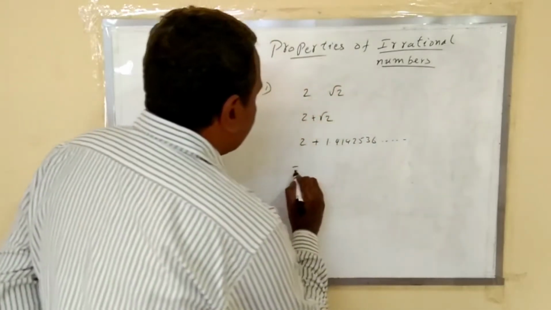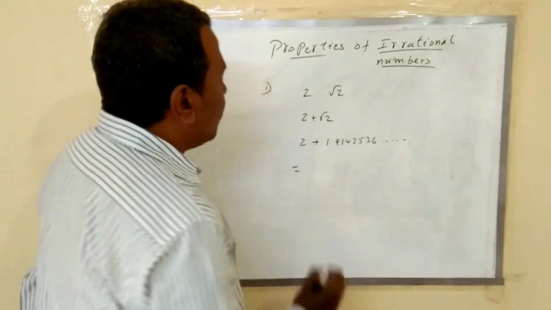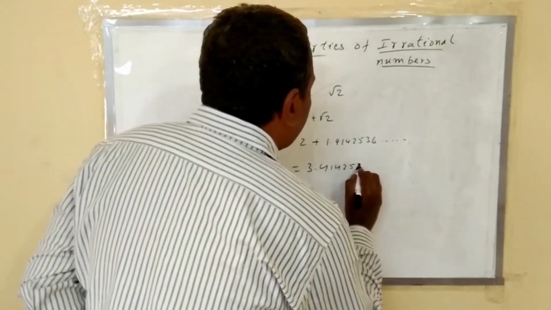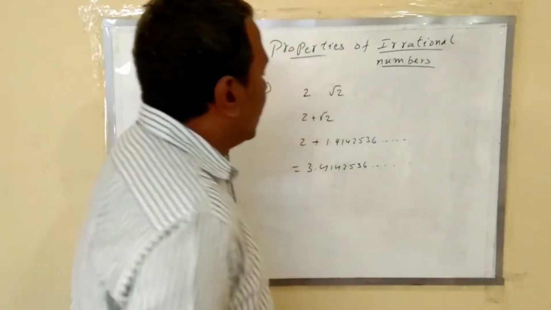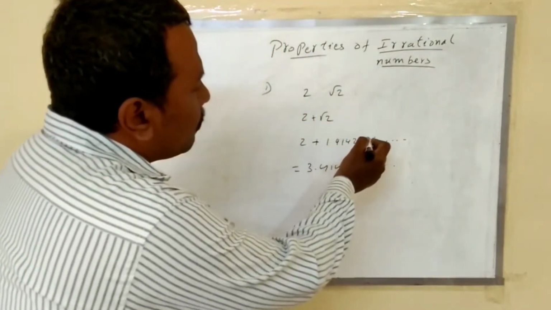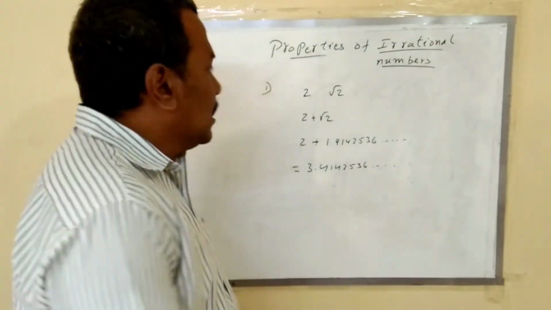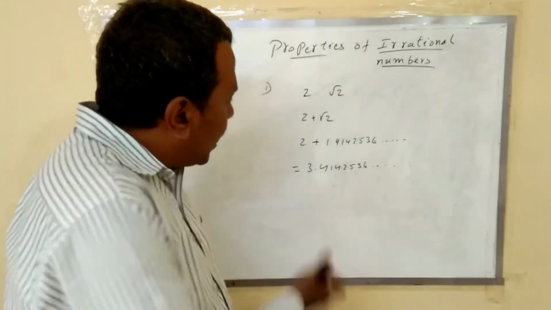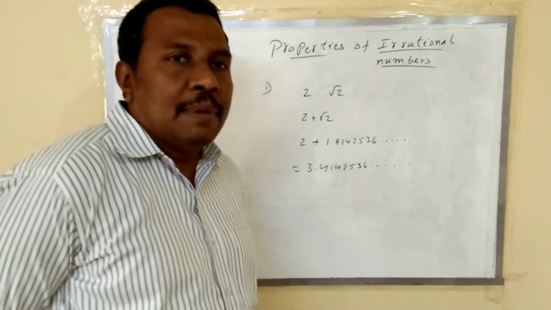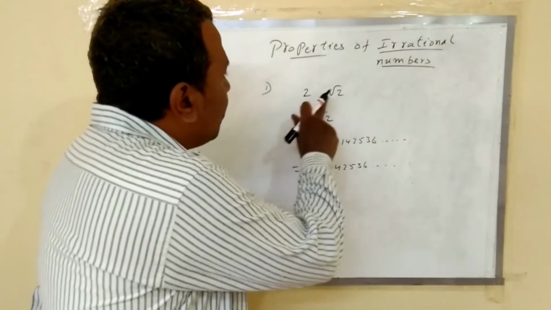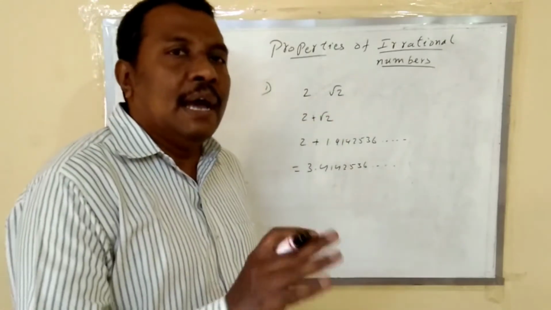Adding this to a rational number, what do you get? 3.4142536, and so on. Since 1.4142536 is a non-terminating, non-repeating decimal, when you add this to a rational number, again you will get a non-terminating, non-repeating decimal. That's why we can say that the sum of a rational number and an irrational number is always an irrational number.